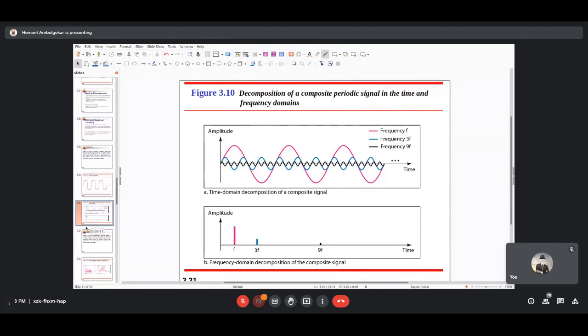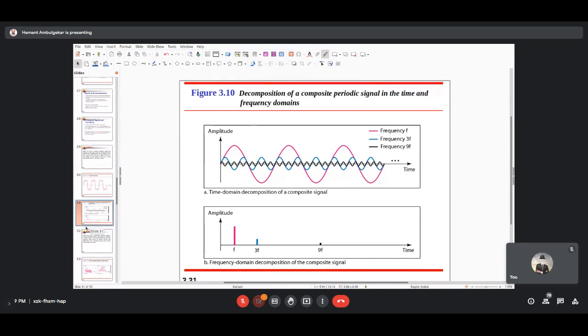But when we are discussing communication and we have a composite signal, that composite signal is supposed to be decomposed, right? Decomposition is carried out using some hardware or software, which we are not discussing here.